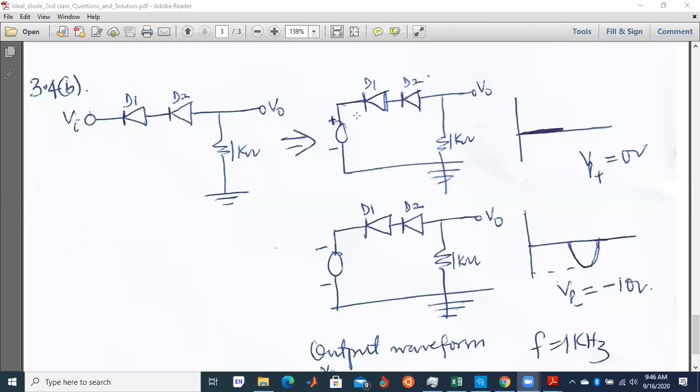The diode is already connected like this. We only need to flip the supply to make it forward and to make it reverse. Just stick to this, please. Okay, clear.